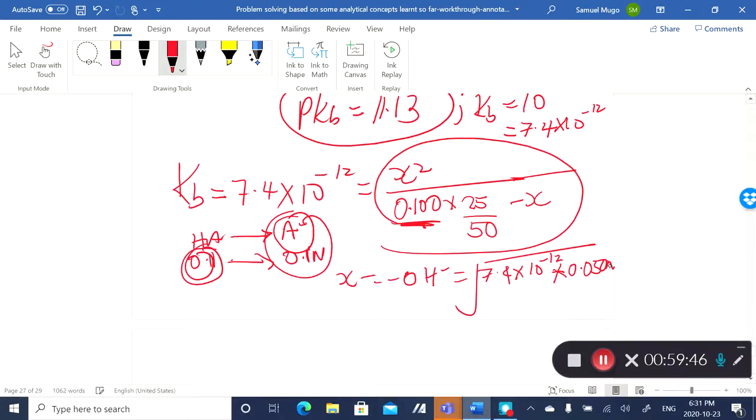And I hope that's clear, because remember we made the assumption this is 0.05 minus x, and we've assumed that it is approximately equal to 0.05, because x is going to be very, very small.